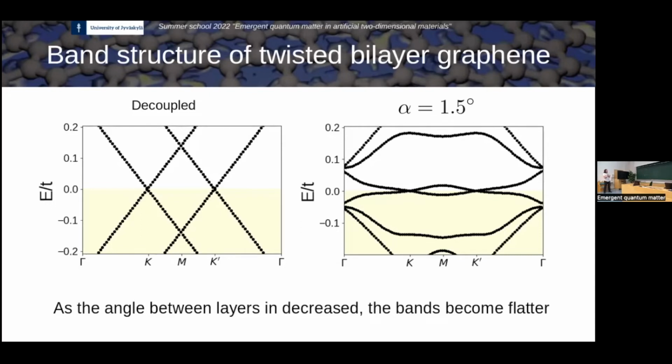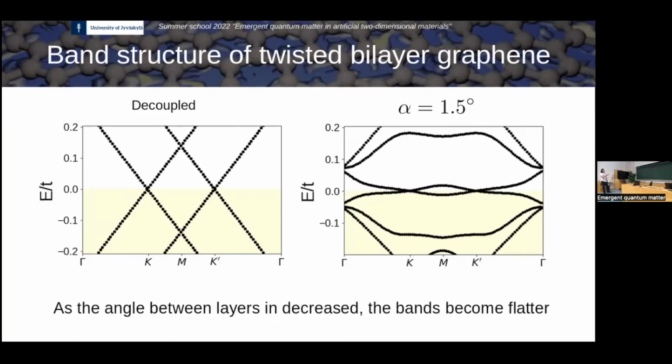But now, if you start switching on the interlayer hopping, you create anti-crossings in these bands, in the very same way as the anti-crossings that we saw for the one-dimensional moire, and for the twisted transition metal dichalcogenides. Essentially, the magnitude of this anti-crossing is the magnitude of the interlayer hopping.